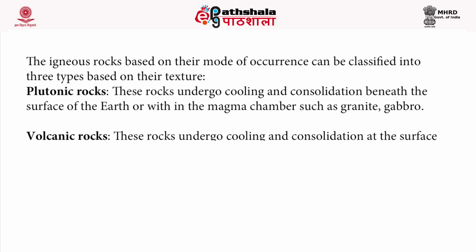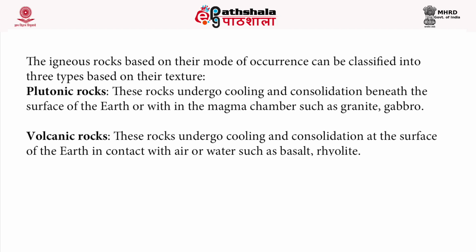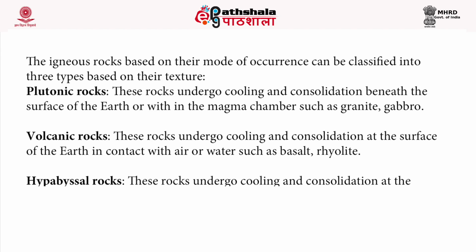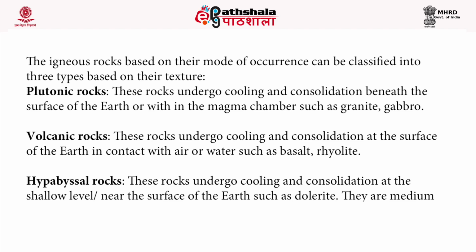When the rocks undergo cooling and consolidation at the surface of the earth in contact with air and water, they are known as volcanic rocks. Examples of volcanic rocks are basalt and rhyolite. Hyperbasal rocks. These rocks undergo cooling and consolidation at shallow level or near the surface of the earth, such as dolerite. They are medium grained and they occur as dikes or sills.